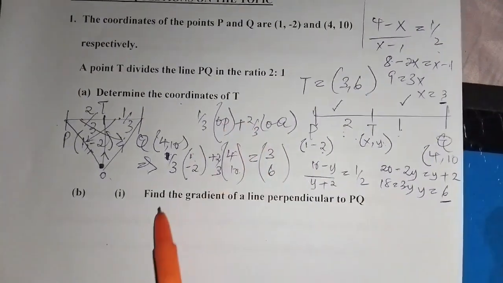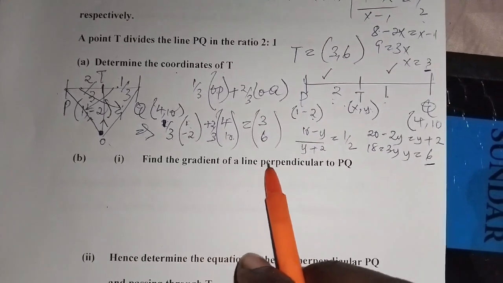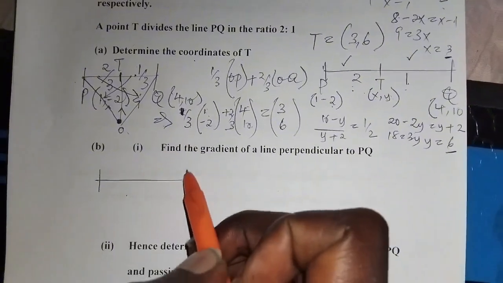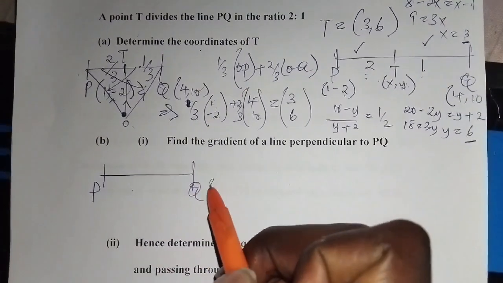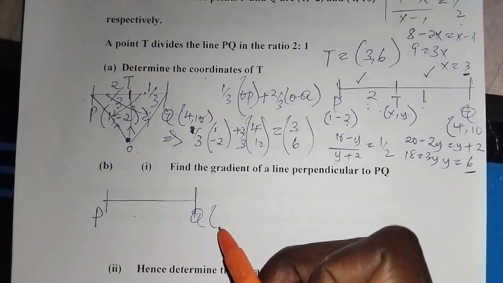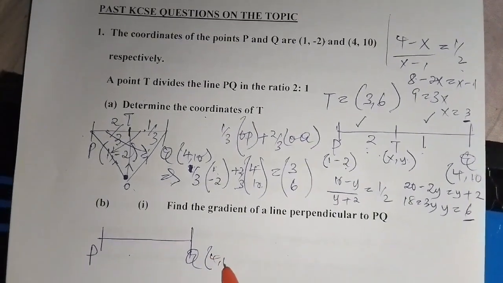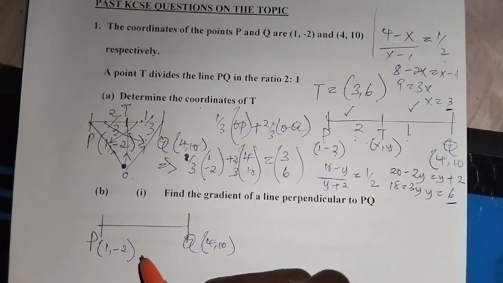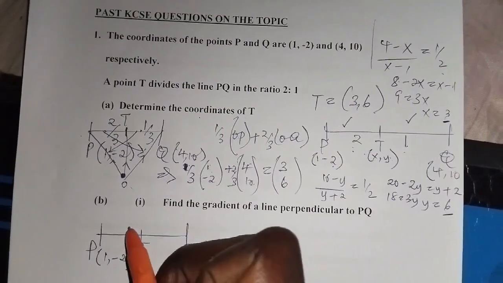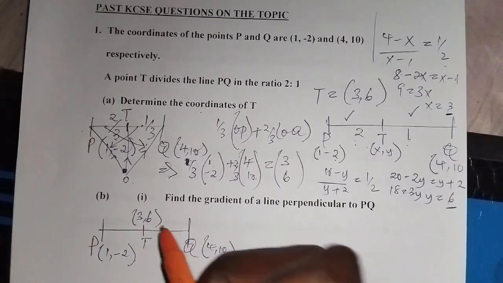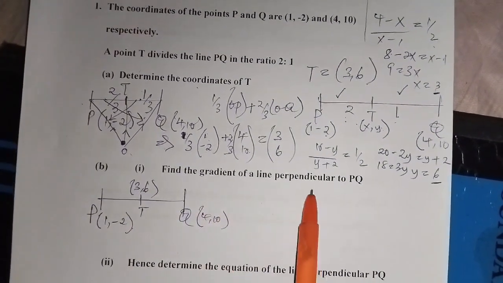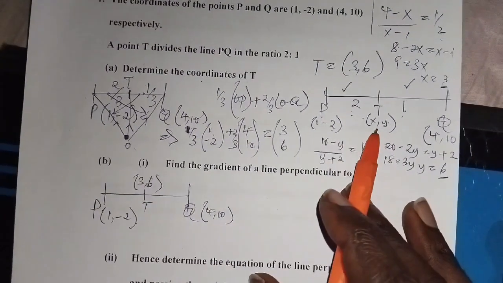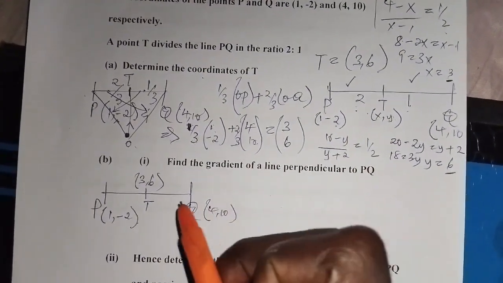Using the point T, the next part, find the gradient of a line perpendicular to PQ. So you have point P and point Q. Our point Q was (4, 10) and point P was (1, -2), and our point T you have gotten as (3, 6). So they want the gradient of a line which is perpendicular to PQ.